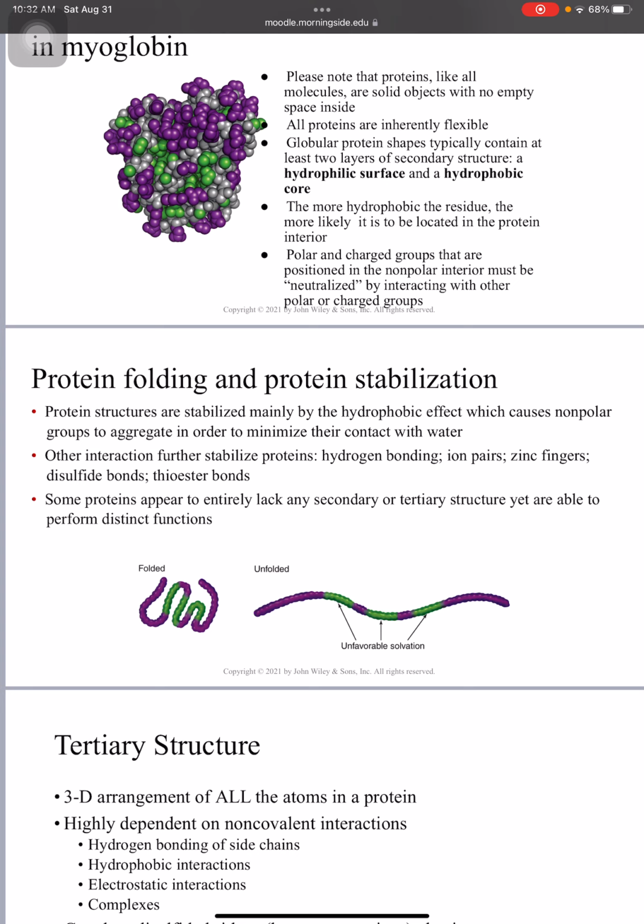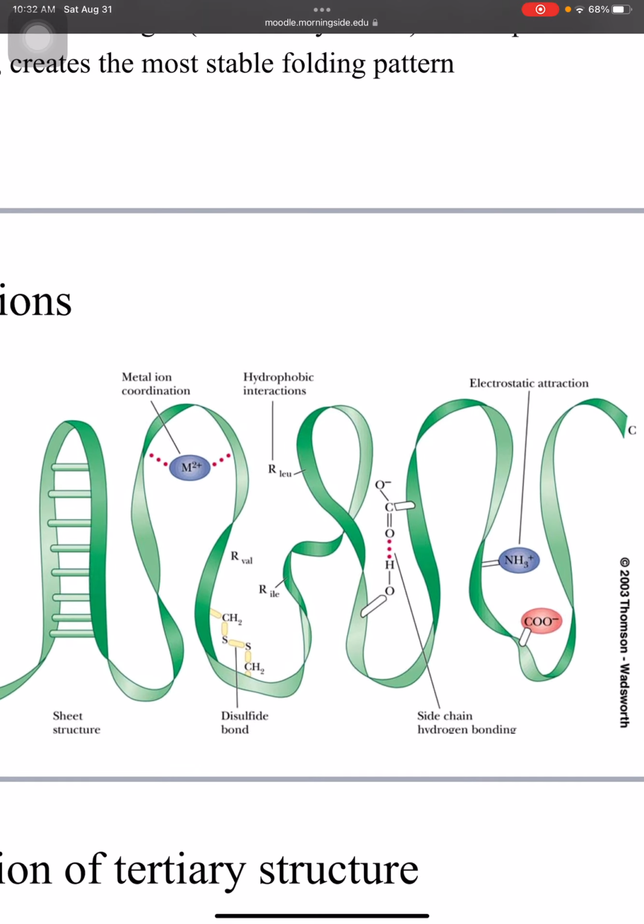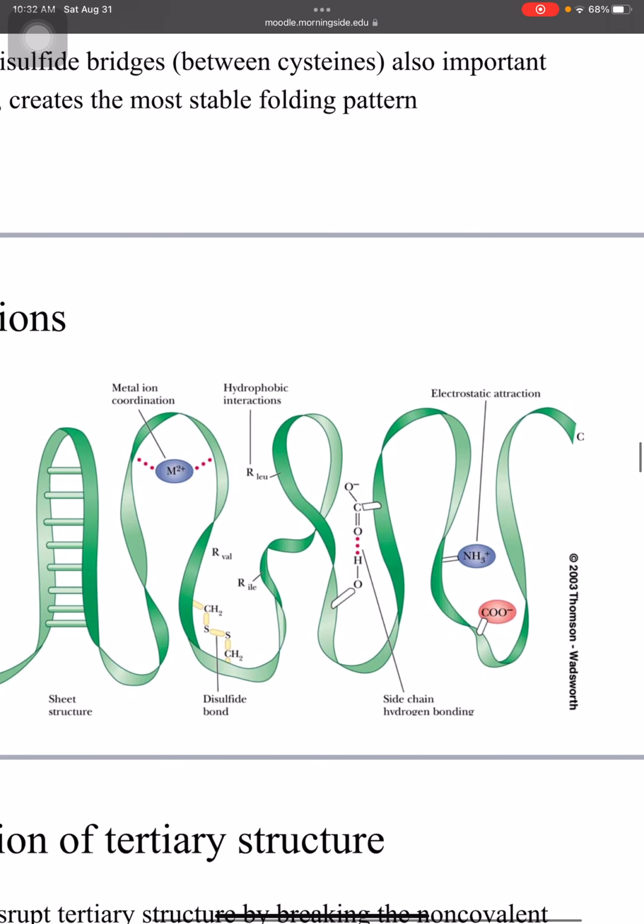Here's a photo that I think does a pretty good job of illustrating some of these, right? So, within a tertiary structure, you could have any of these or all of these, or just a few of them, right? We mentioned hydrogen bonding, and you can kind of see, over here on the left-hand side, it illustrates the hydrogen bonding through these red dots or these little ladder rung things that happens between the backbones.